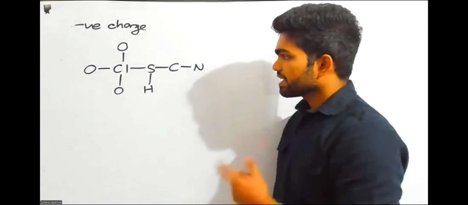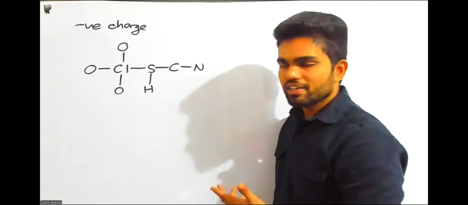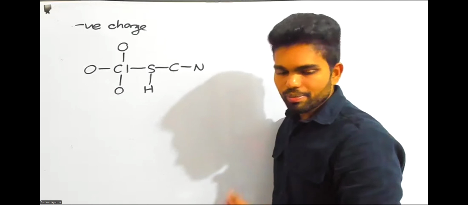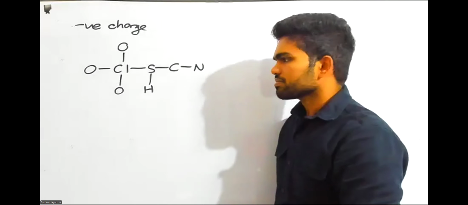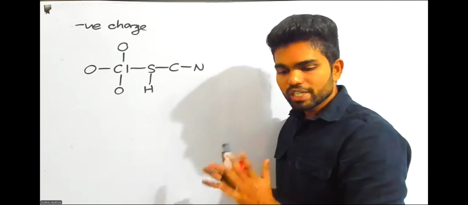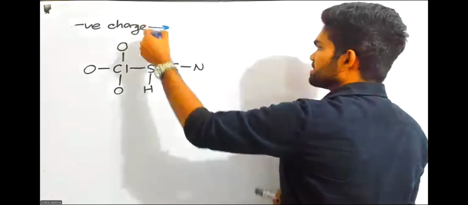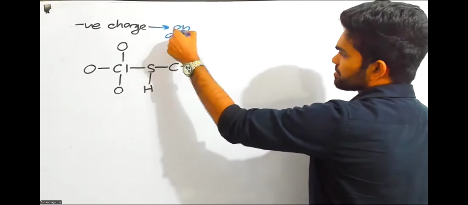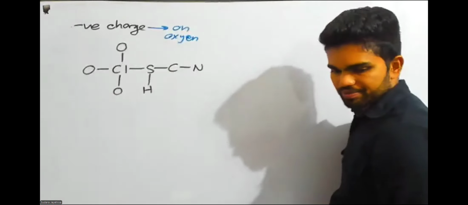Because the central atoms, chlorine and sulfur, can violate the octet, until they have no charge, they make bonds. That's with practice. So if you think a little bit more, what is the most suitable place to keep this negative charge? It is on oxygen, because oxygen is the most electronegative element.